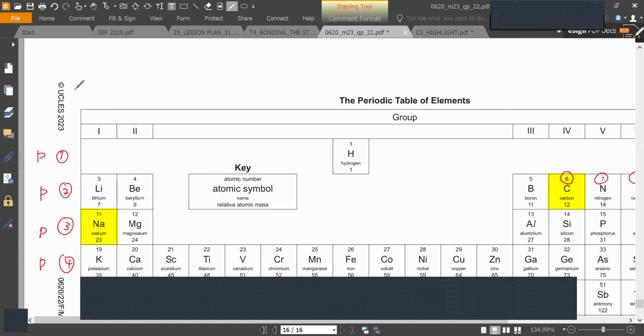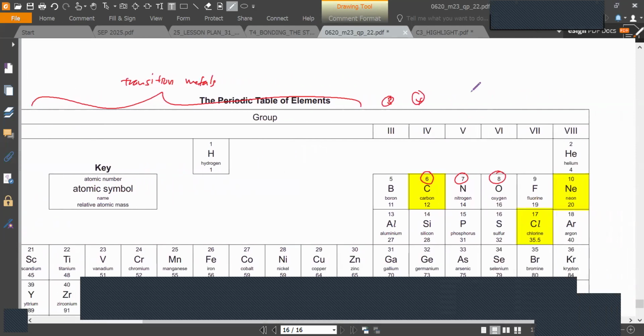Group 1, 2, and then this part is the transition metals. And then group 3, 4, 5, 6, 7.